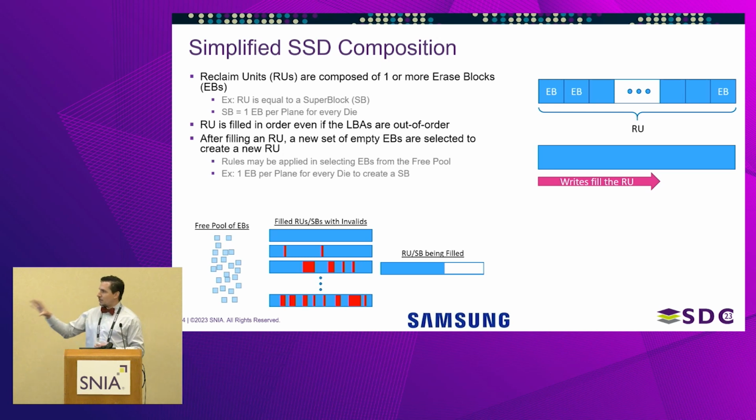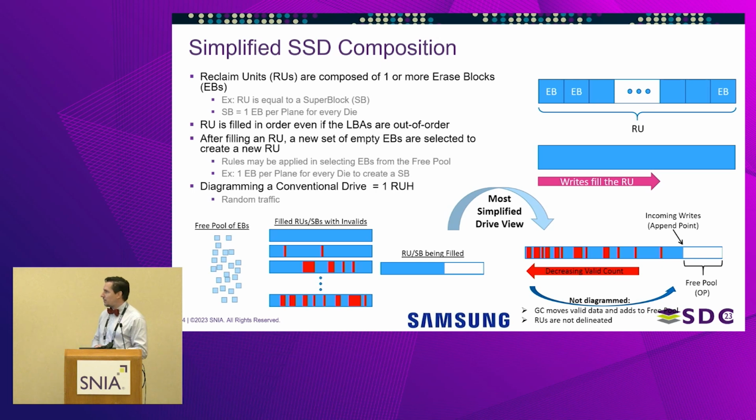This is a little bit more detail, but you can even simplify it further by putting the free pool of erase blocks on the right, shown as white, and stacking the RUs showing a decreasing valid count going to the left there. It's very cartoony, but I find it really helpful to give you some visualization of what we are looking at in the drive.